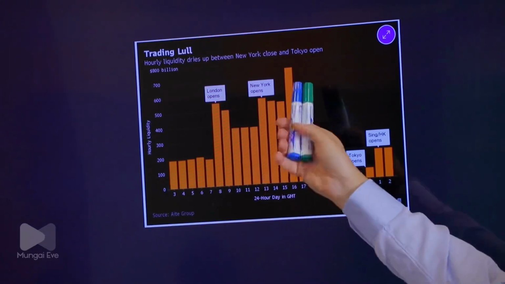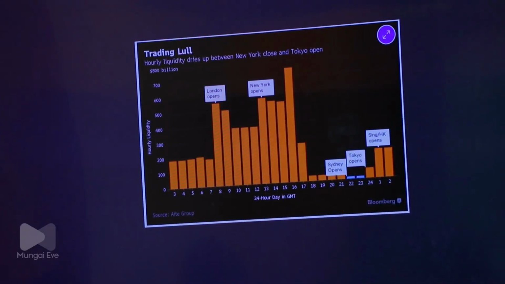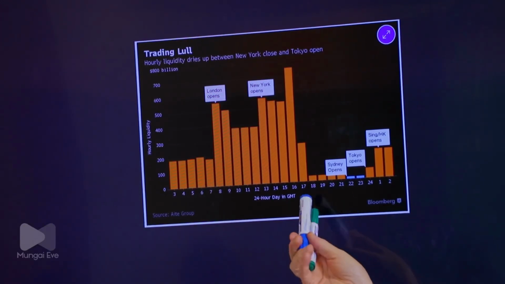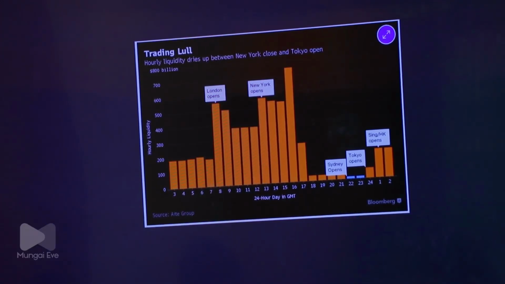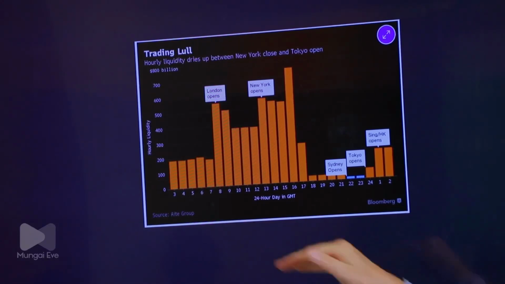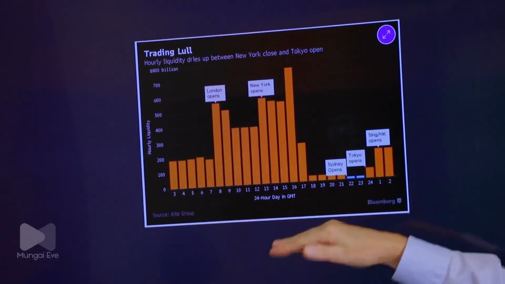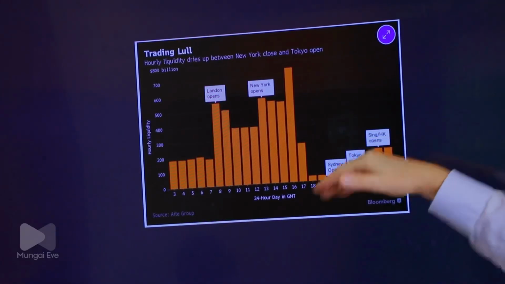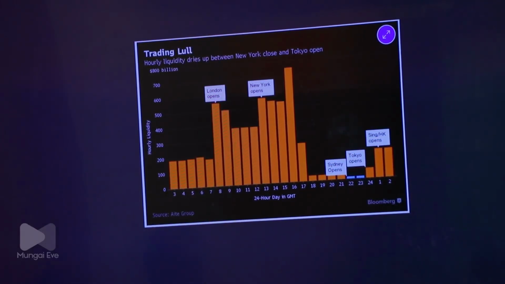As we come to the close of the London stock market and the London day, 1600 hours, 4 o'clock to 5 o'clock, it completely collapses, doesn't it? I'm just talking about Forex now. The volumes for stocks are much higher because more stocks are traded in New York than anywhere else.